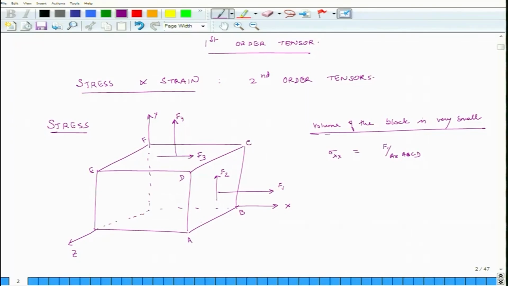And then sigma xy is F2 divided by area A, B, C, D.